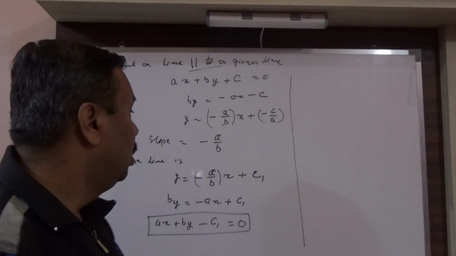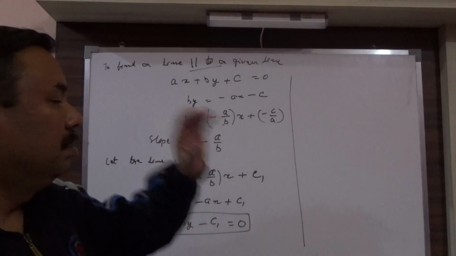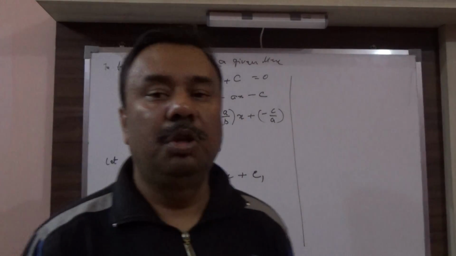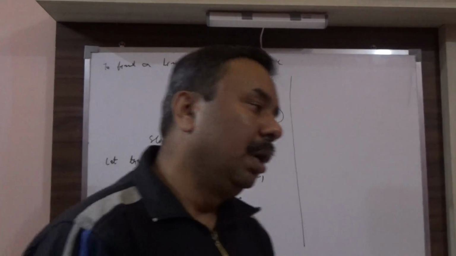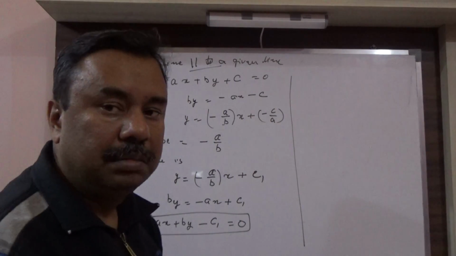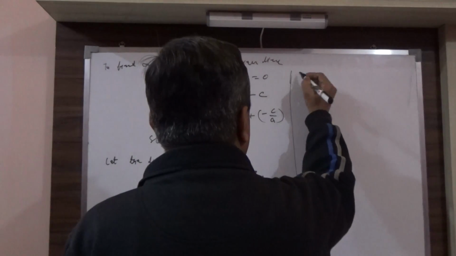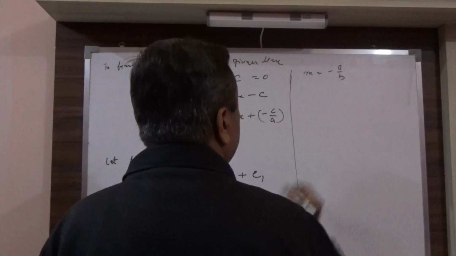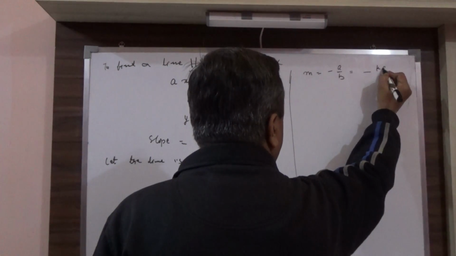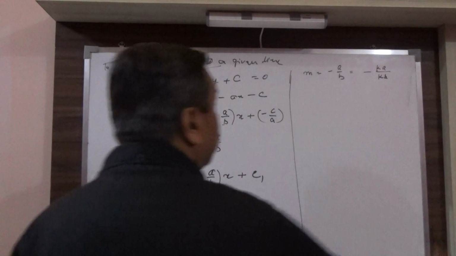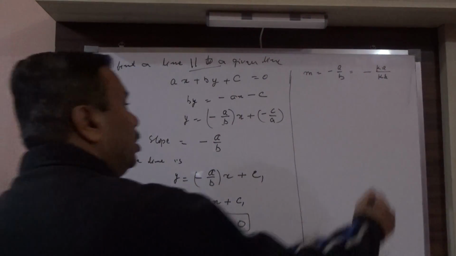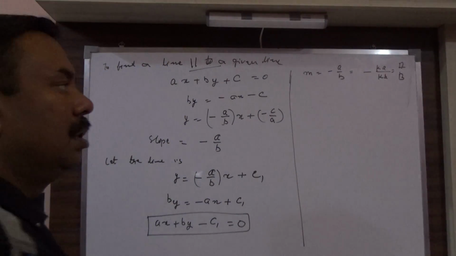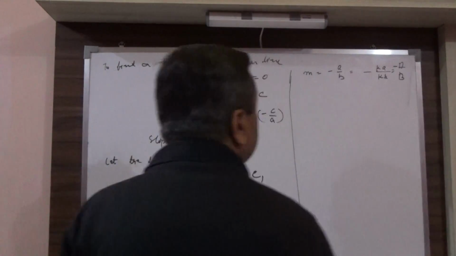Again, I am giving you one more thing on this part only. What if I multiply both the numerator and denominator of the slope by a constant, let it be k? So if m is equal to minus a over b, it will be the same as minus ka over kb. Is there any difference? Suppose that I take it as a over b, let it be minus only.